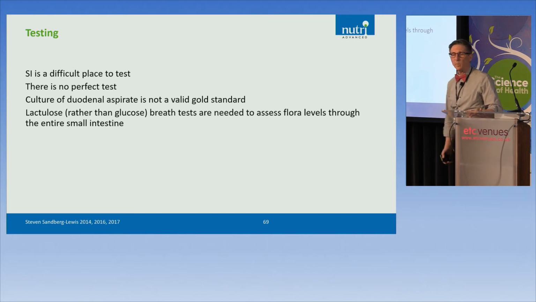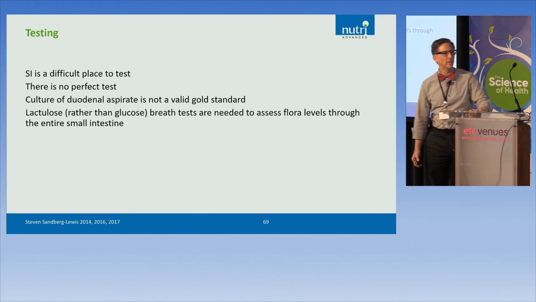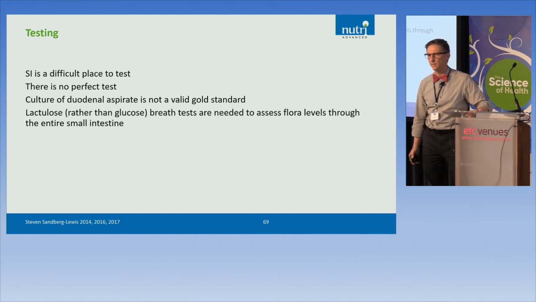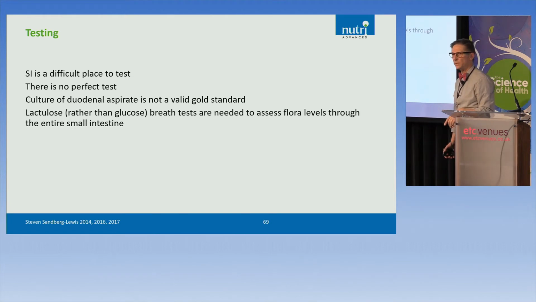A colonoscopy only gets to the last few centimeters of the terminal ileum, the very end of the 18 to 20 feet. So there are some new techniques where they can traverse the entire small intestine, but they are very unusual, and they're only done in certain motility centers in the US, very few. And it's not used very often.